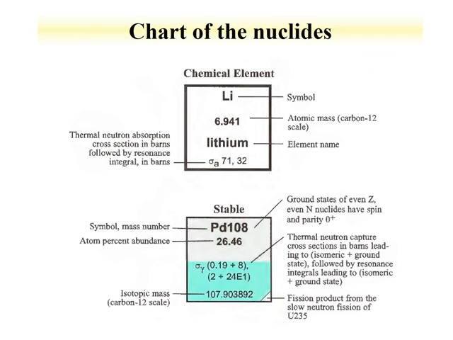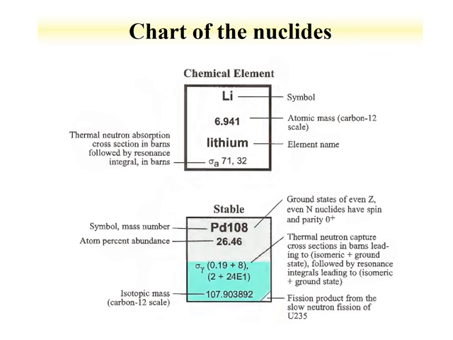Okay, so the data, this is from the legend in the chart of the nuclides. Let's start with the simple. On every first row, there's just information about the chemical element. It has its symbol, the atomic mass, the element name, and something about the thermal neutron absorption cross-section for all the isotopes that compose that element.